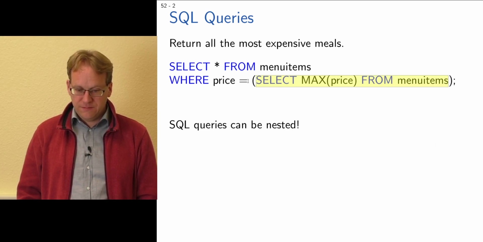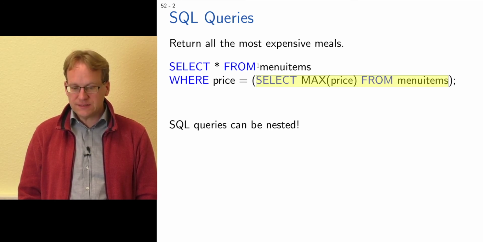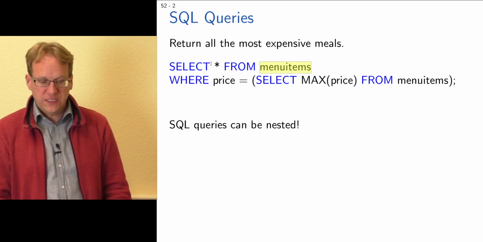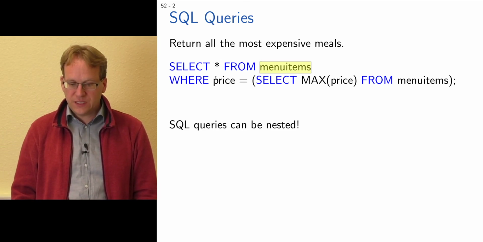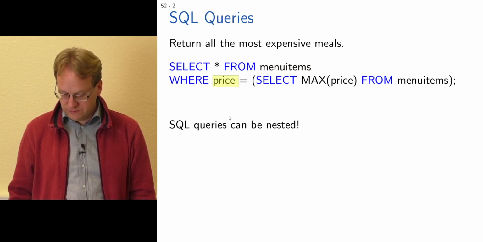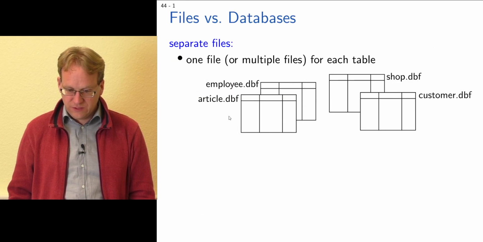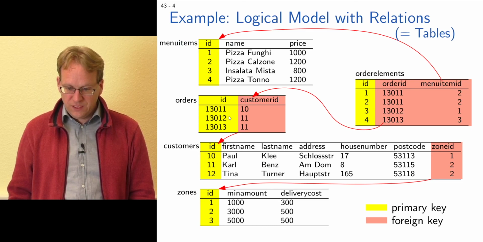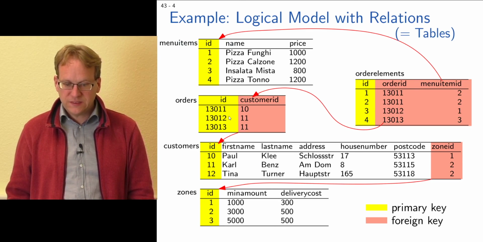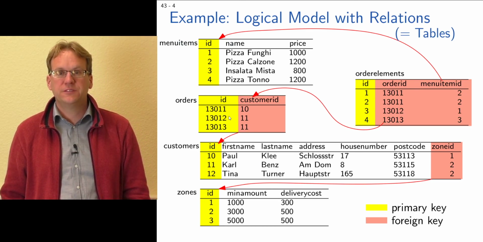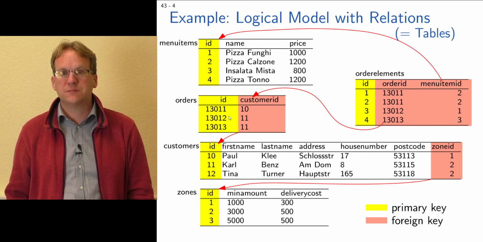And then I'm asking from my menu items table which are the menu items where the price is equal to this maximum. According to my example I've shown earlier, you can see that pizza calzone and pizza tonno both cost 12 euros, so both of them have the maximum price, and that would be the result for my query here.